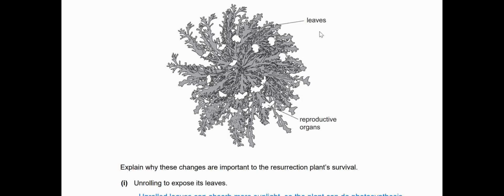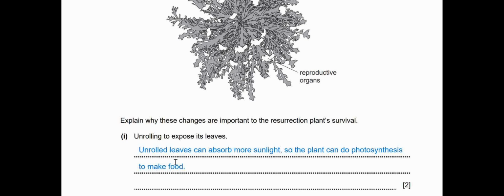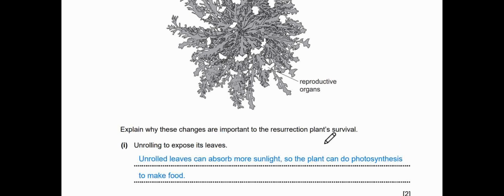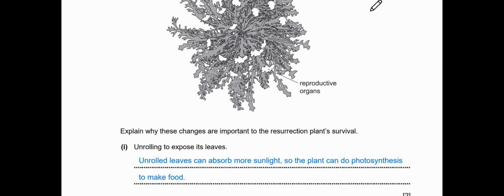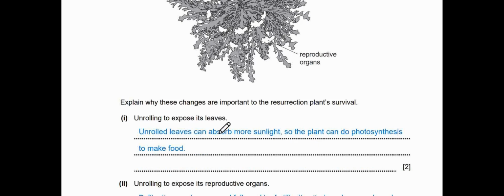The main function of leaf is to absorb sunlight for photosynthesis. So we type down unrolled leaves can absorb more sunlight, so the plant can do photosynthesis to make food. Next, unrolling to expose its reproductive organs.